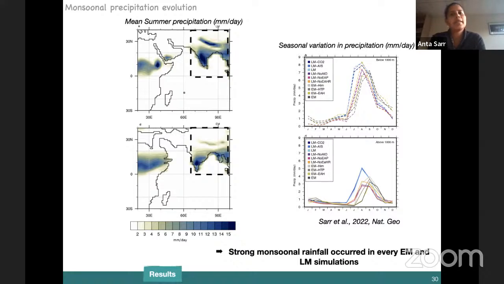By no change, I mean that in all those early and late Miocene simulations, testing the effect of different topographic features, I have this very seasonal climate with strong precipitation during summer, although the amount of precipitation during summer may vary among the simulations. This suggests that this monsoonal rainfall is a feature that we have indeed before the Miocene, as shown by terrestrial proxies.